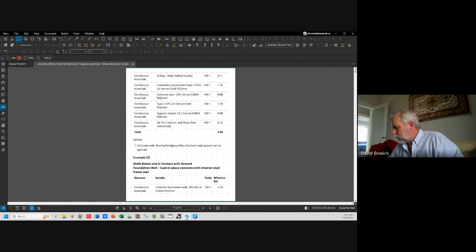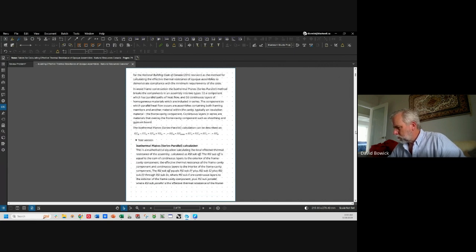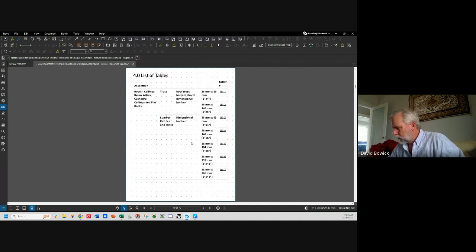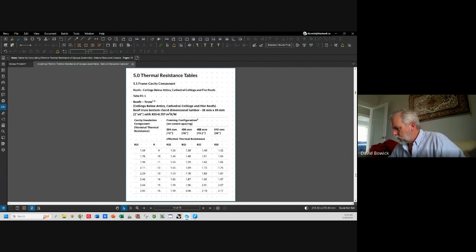Back to the source. Here's our defined units. Meter squared, Kelvin per watt.